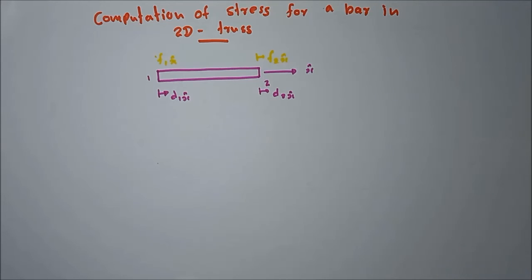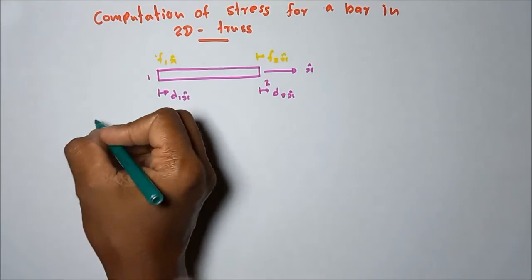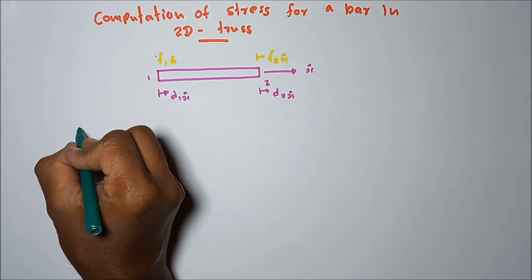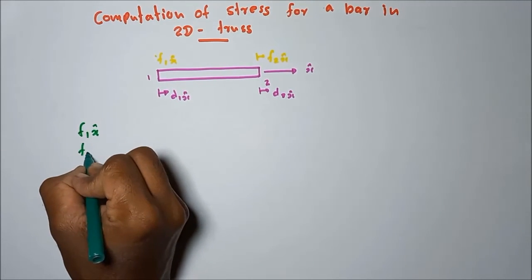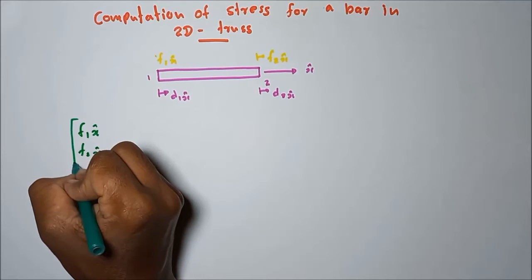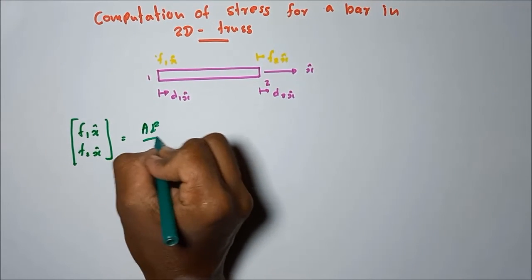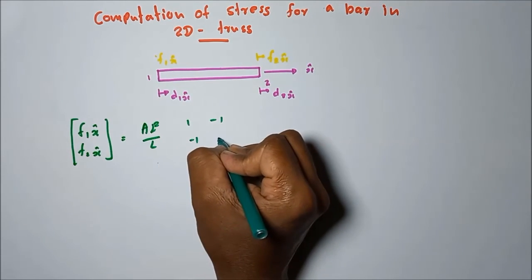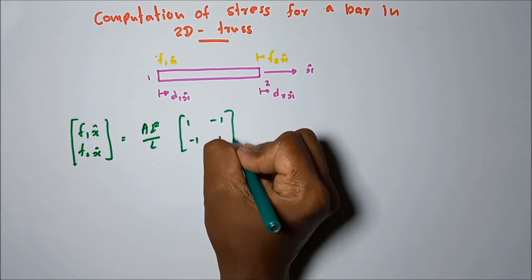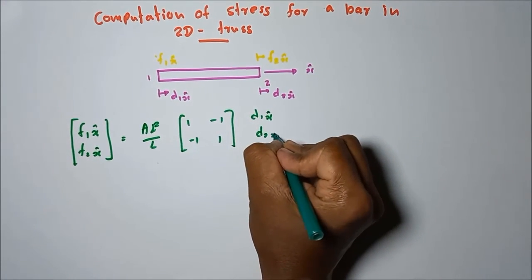Then for this bar element, we can write the element equation. What is the element equation? For this bar element: F1 x hat, F2 x hat equals AE divided by L times the matrix [1 -1; -1 1] times d1 x hat, d2 x hat.